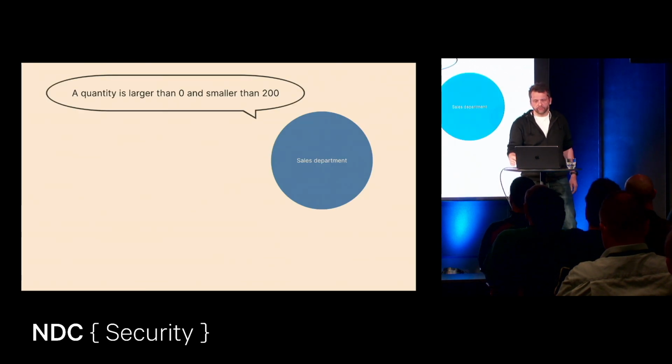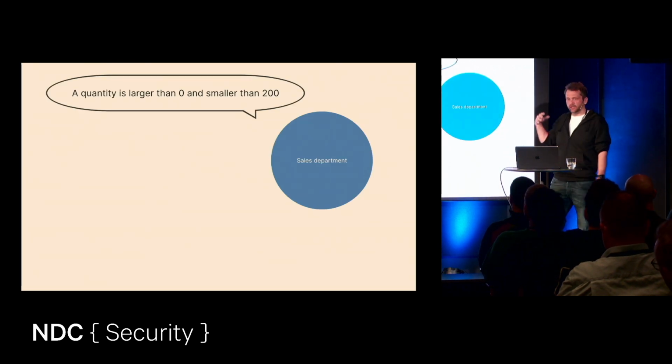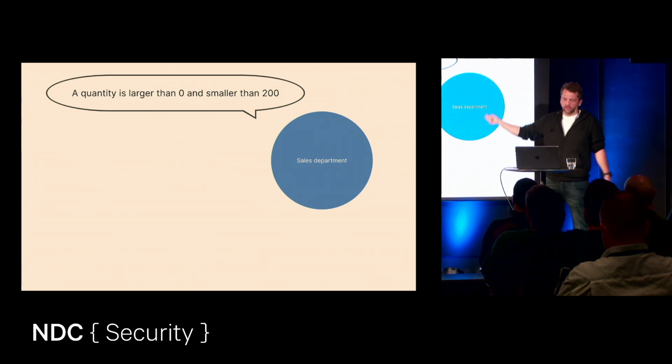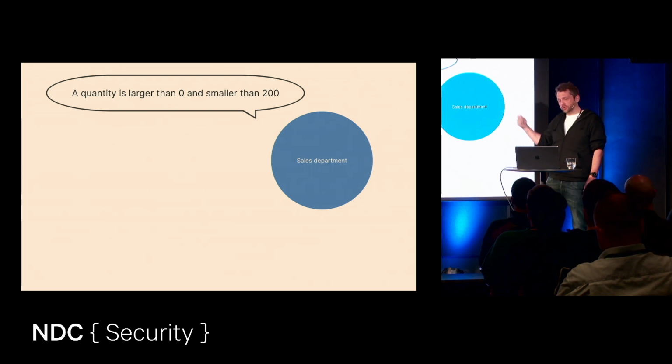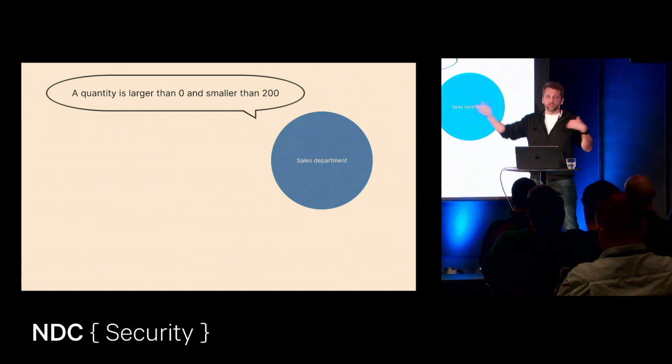To show you an example, if we have a quantity in a web shop, for the website itself or the web shop itself, if we're going to buy something, it needs to be larger than 0 because we can't buy 0 computers. We have to buy at least one computer if we want to buy something, but probably we don't want someone ordering a huge amount of stuff either.